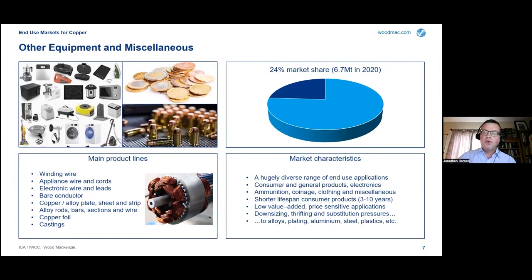Tends to be some more price-sensitive areas. That means there's pressures on downsizing, on thrifting, and substitution pressures. These may mean moving to cheaper alloys rather than copper, plating with copper rather than using solid copper, and then outright substitution to aluminium in electrical areas or in heat transfer, or using steel and plastics in other areas.